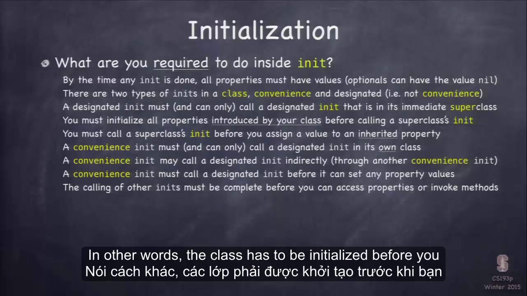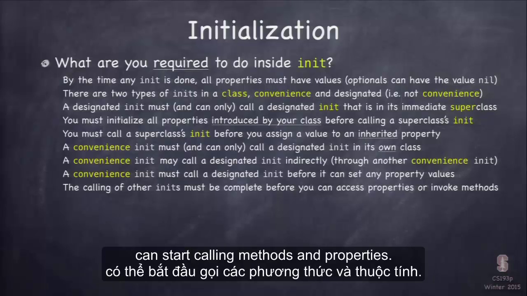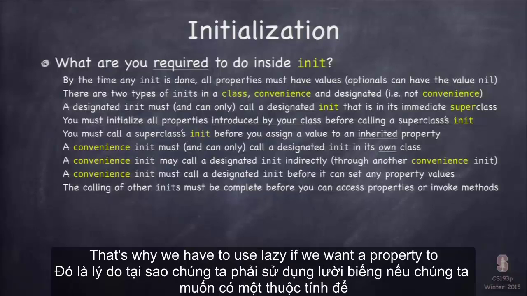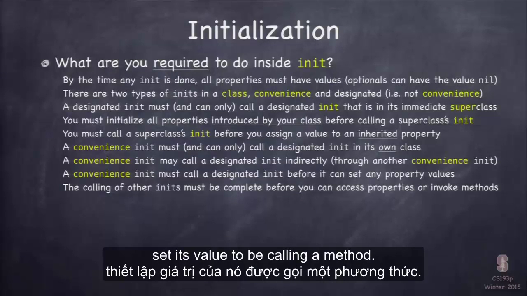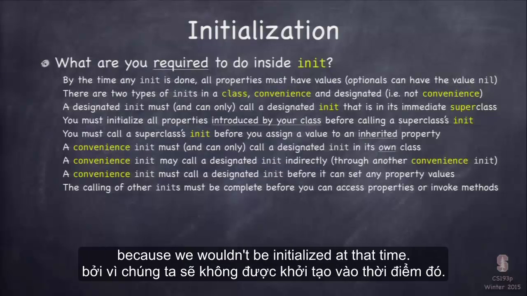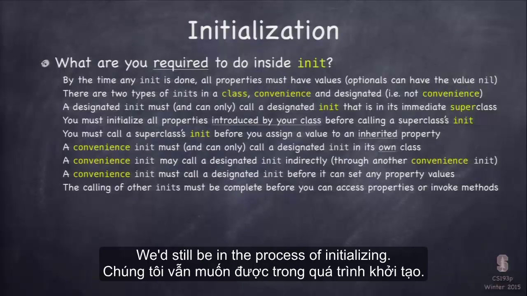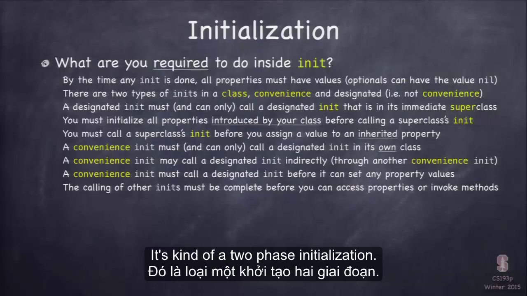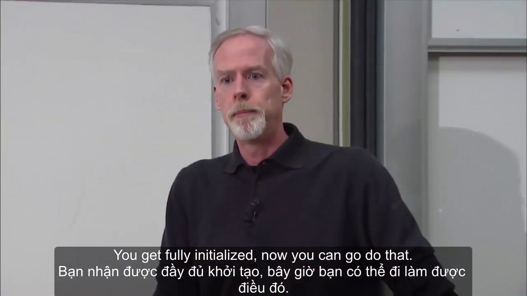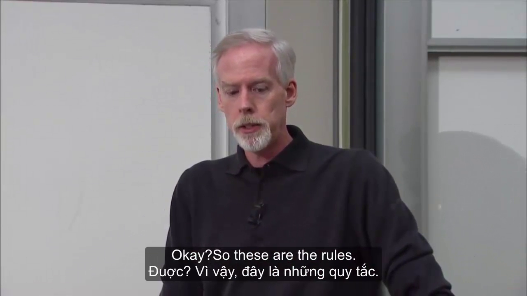In other words, the class has to be initialized before you can start calling methods and properties. That's why we have to use lazy if we want a property to set its value by calling a method, because we can't do it non-lazily, because we wouldn't be initialized at that time. We'd still be in the process of initializing. It's kind of a two-phase initialization. You get fully initialized, now you can go do that. Okay, so these are the rules.